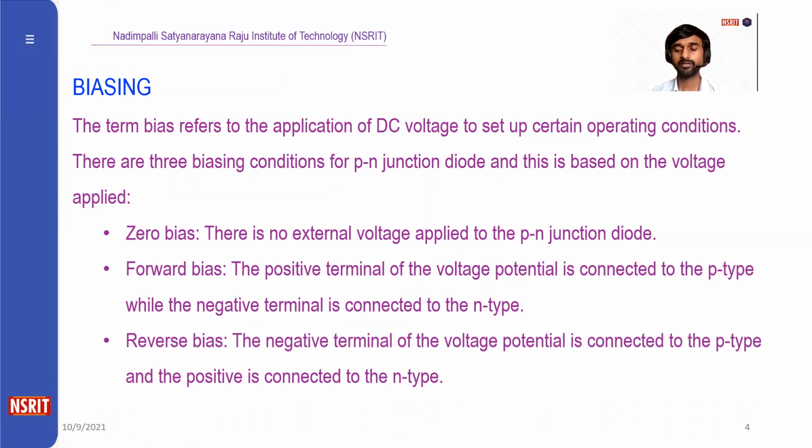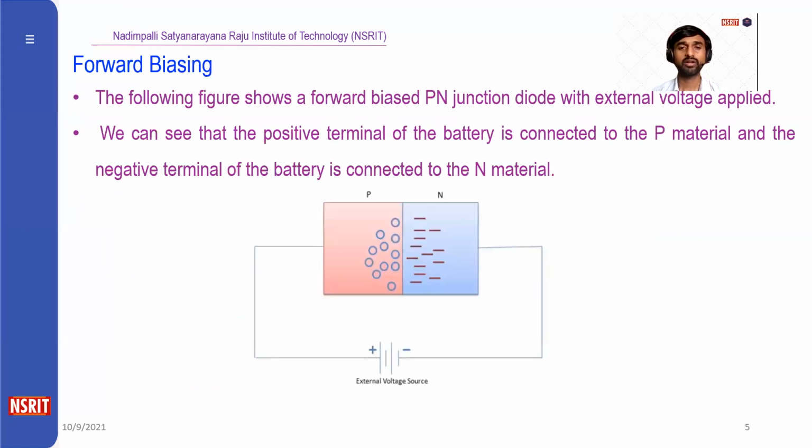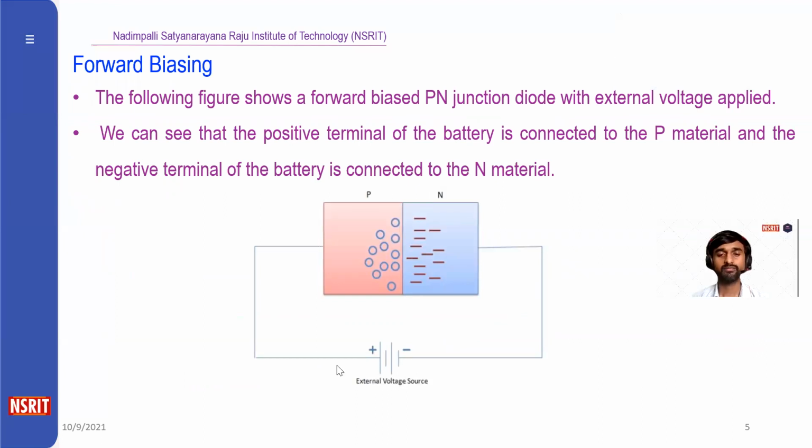Now, coming to today's topic, which is the forward biased operation of a PN junction diode. So as already discussed, forward biasing means what? Connection of the positive terminal of the battery to the P-type material and the connecting of the negative terminal of the battery to the N-type region.